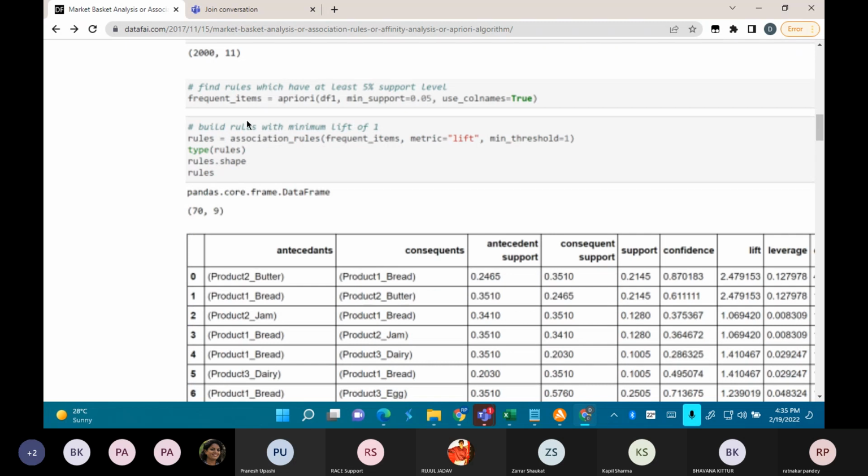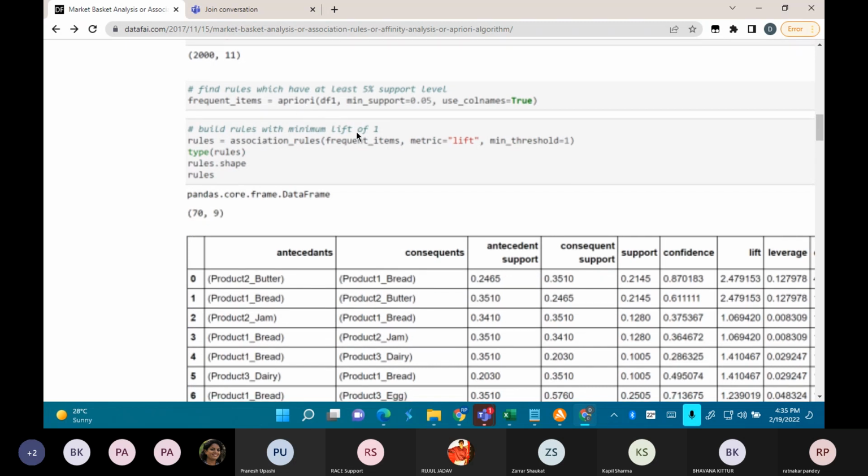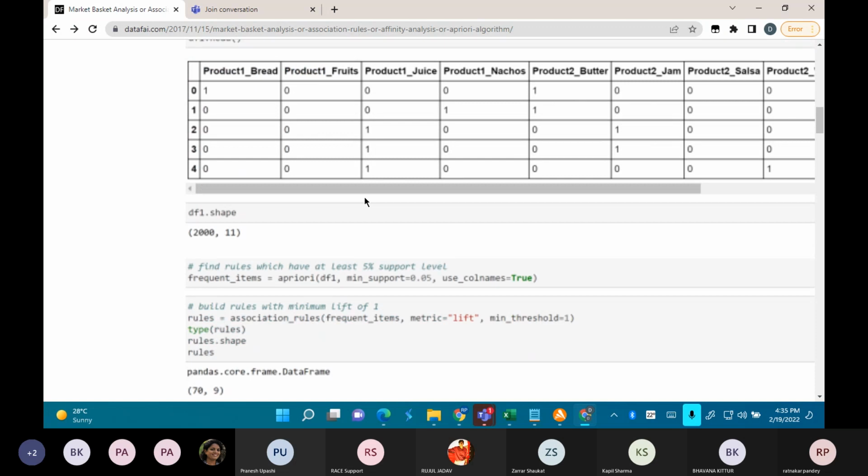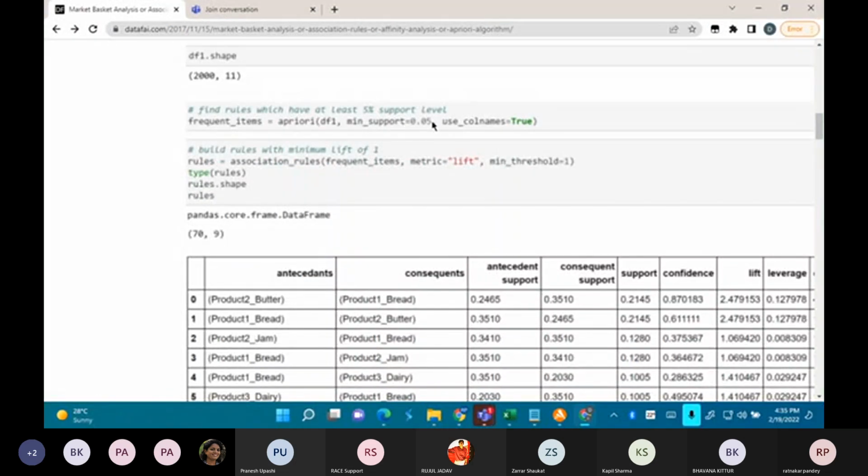Then we are applying apriori on this data, which is BA10, with minimum support of 0.05. What does it mean? It's going to give you those rules or recommendations, but I'm saying for each of those recommendations, make sure that there is at least 5% volume.